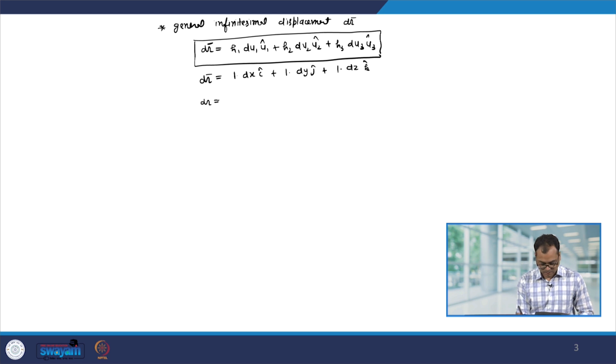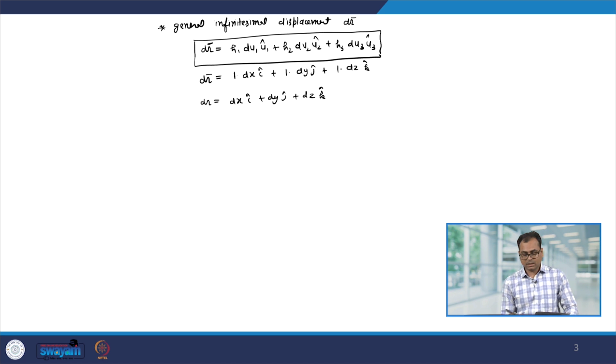Therefore, dr is dx i cap plus dy j cap plus dz k cap, and this is something that we already know.